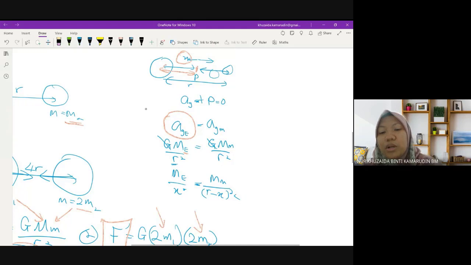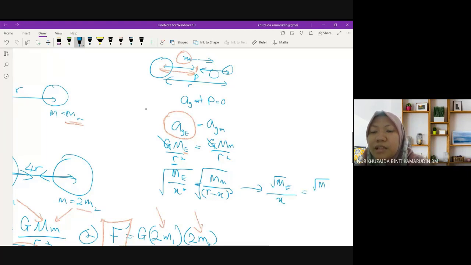What you can do is square root both sides. So when you square root both sides, what you will get is surd of mass of the Earth, divided by x, equals surd of mass of the Moon, divided by R minus X. Okay, using this technique, it will be easier for you to calculate what x equals. So this one is given, this one too, you can substitute the values. Small r is also given in the question, so you can find the value of x.